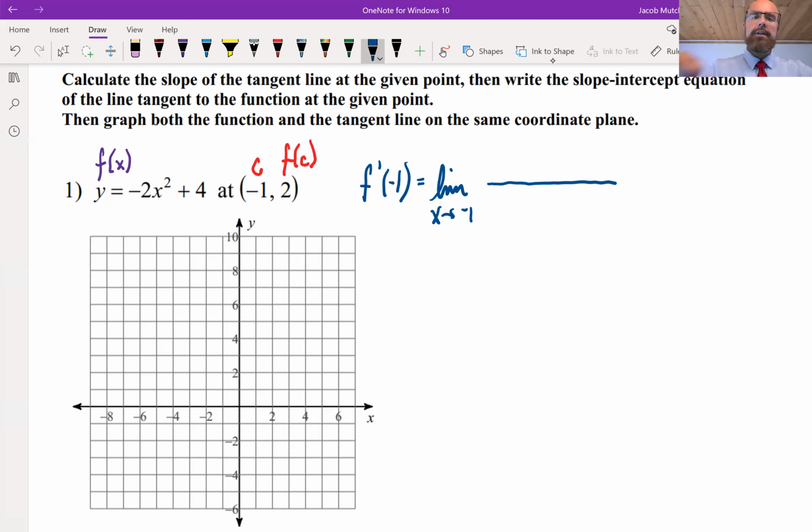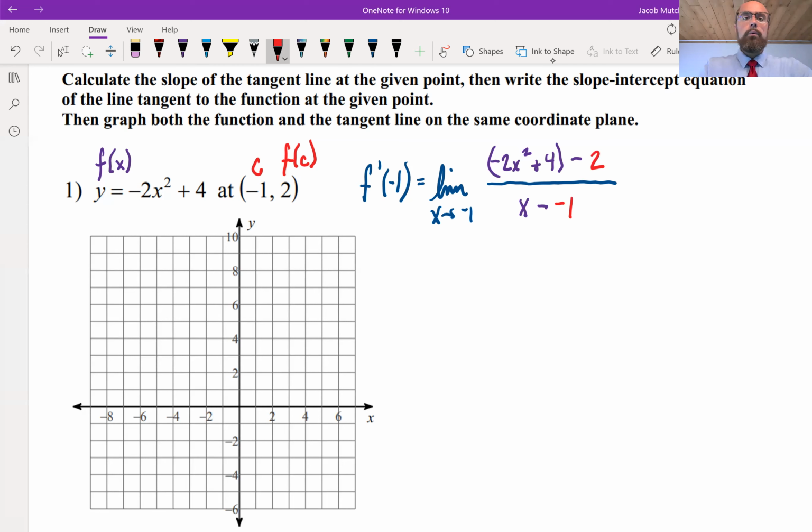So f at x here is -2x squared plus 4 minus f at c, which we saw was simply 2, and that's over x minus c, and again c itself is just -1. So there's our setup with this specific function at this given point that's on the function.